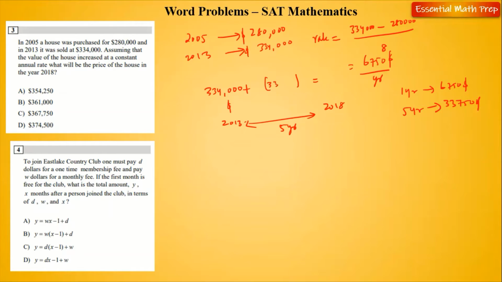That gets added to the existing base price of the house in 2013. Then that's how much the house will be in 2018. So 334,000 plus 33,750 is $367,750. That's the cost of the house in 2018. That makes sense?